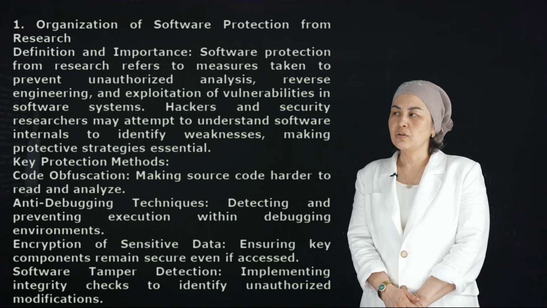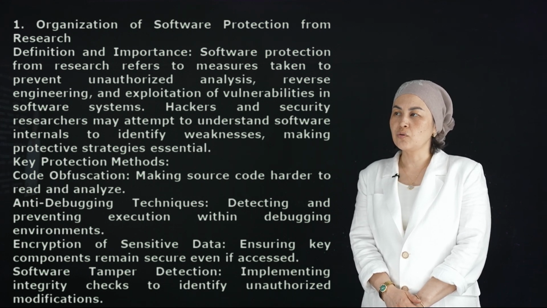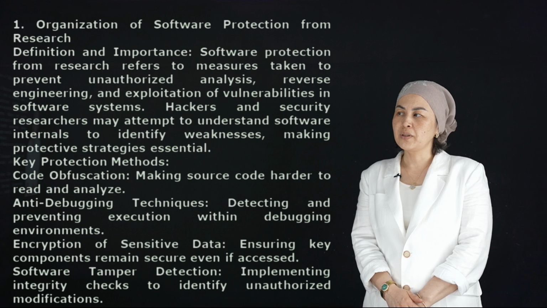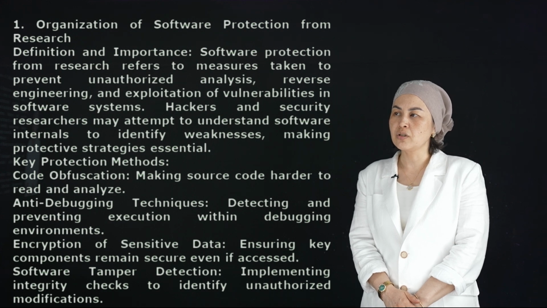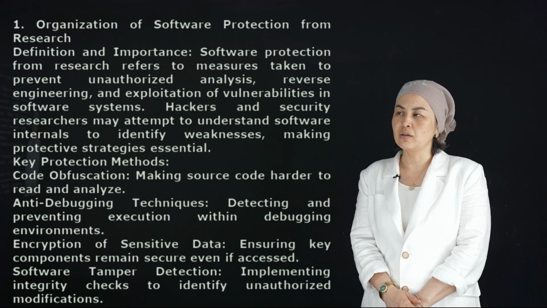So the first topic is about organization of software protection from research, and we have the definition and importance of this question. Software protection from research refers to measures taken to prevent unauthorized analysis, reverse engineering and exploitation of vulnerabilities in software systems.